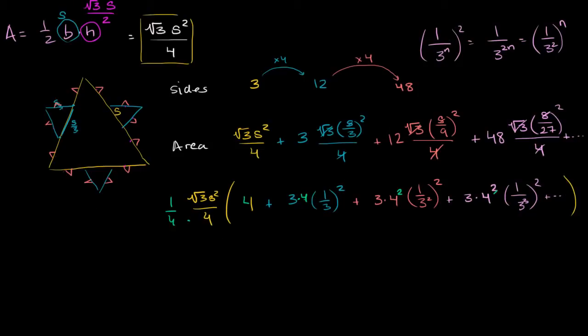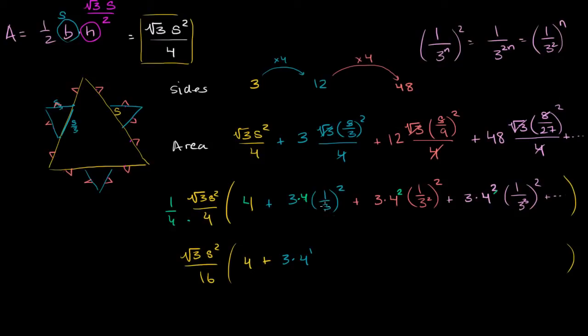And then let me rewrite everything, because I don't want to do too much in this one step. This part gives us square root of 3 squared over 16, times, I'll open parentheses, 4 plus, in blue, 3 times 4 to the first power. And I can rewrite this as times 1/3.